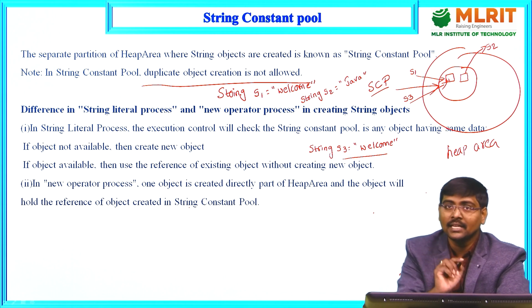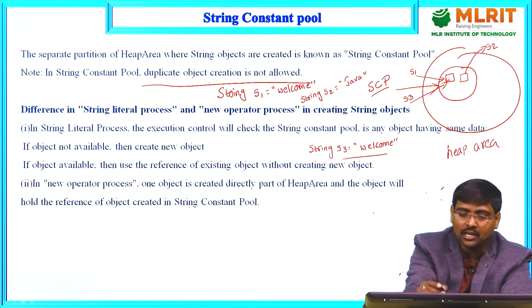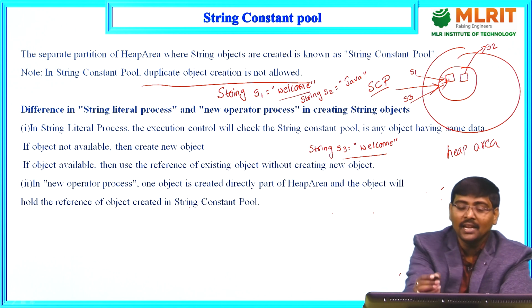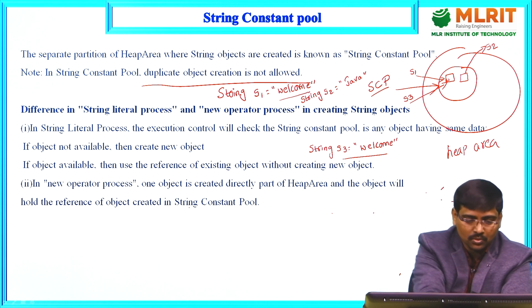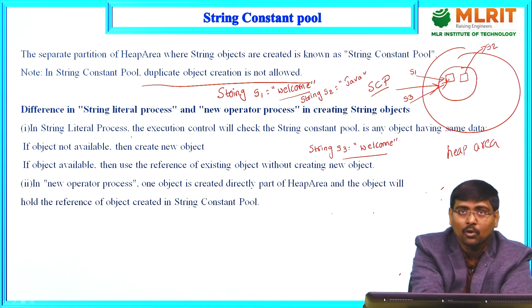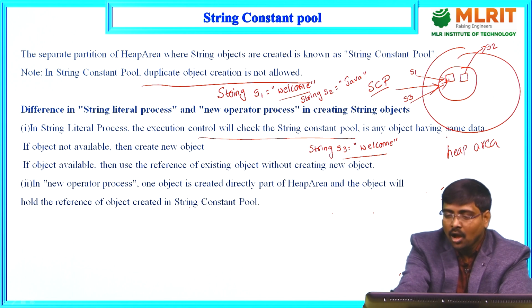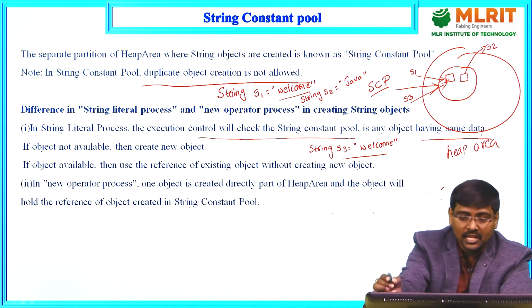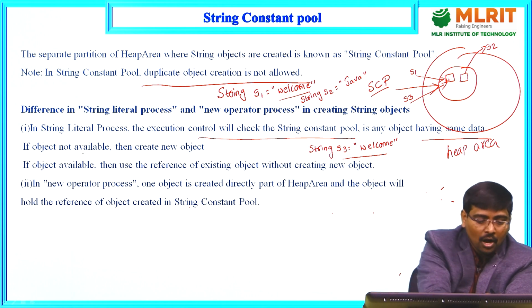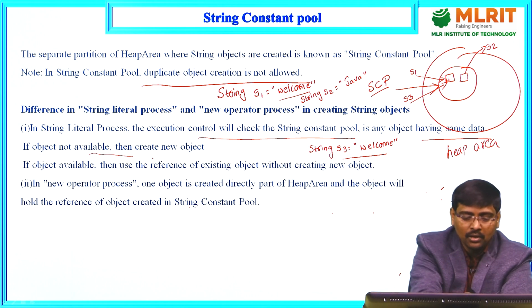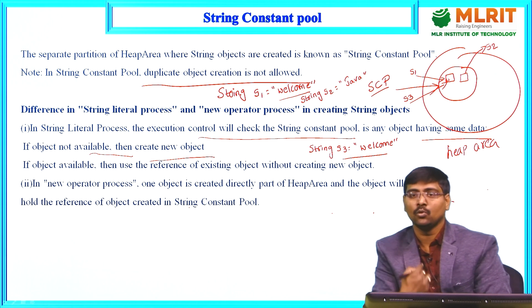That is if you create the string by using string literal. So in the string literal process, the execution will check the string constant pool. If an object having the same data is not available, then only create a new object.